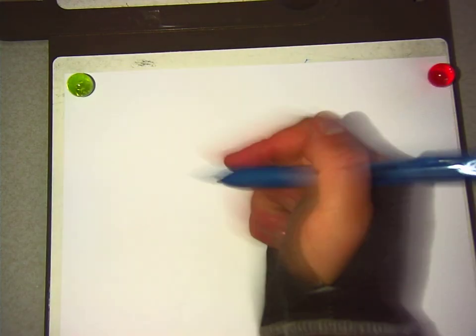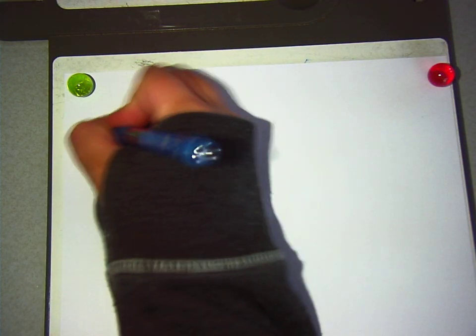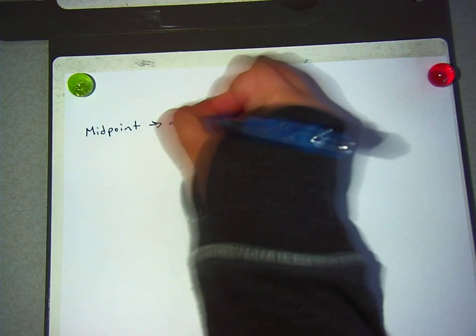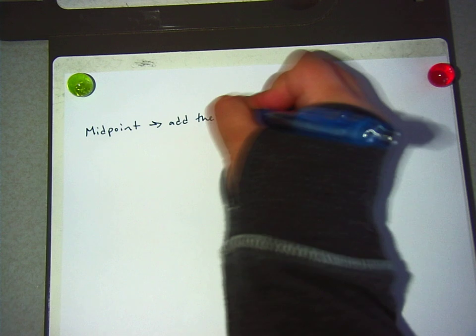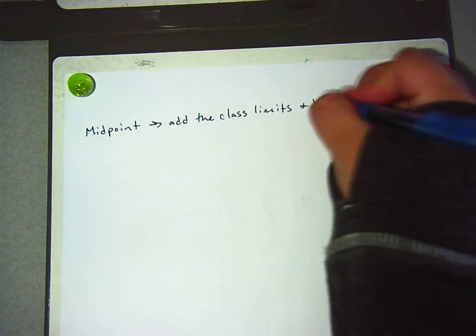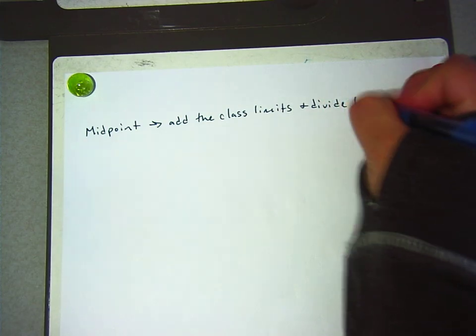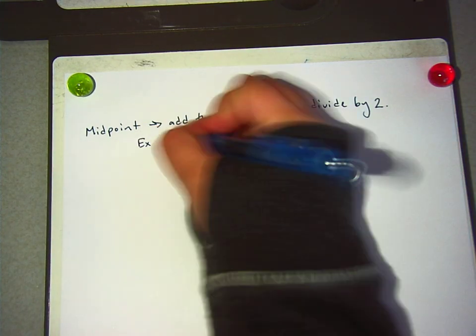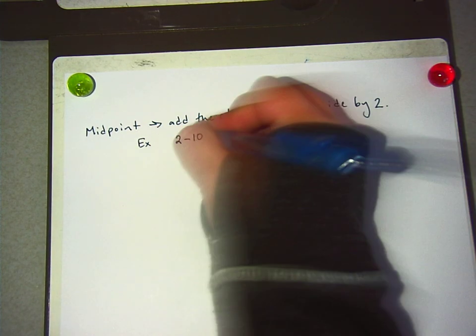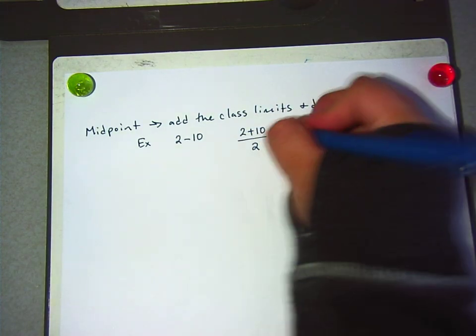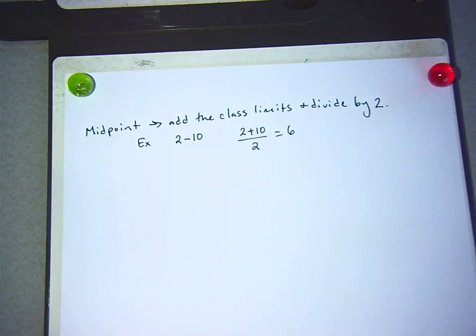Yes, add the 2 and divide by 2. So I'm going to write here, the midpoint: you add the class limits and divide by 2. So for example, if it was 2 to 10, I would say 2 plus 10 is 12, divided by 2 is 6, like an average.